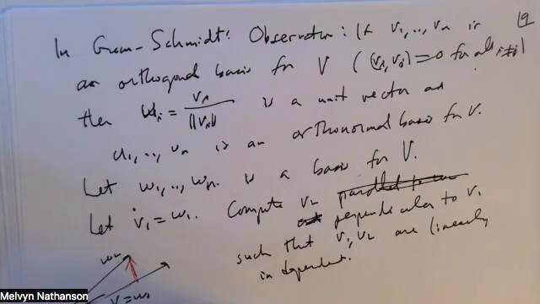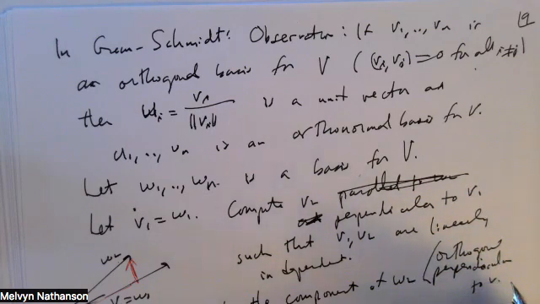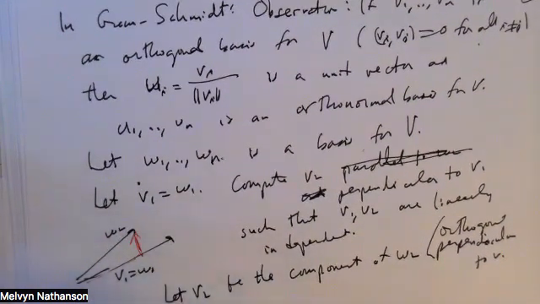So let V2 be the component of W2 perpendicular or orthogonal, same thing, to V1. And we found the formula for that already. So I can write W2 as a piece parallel to V1 and a piece perpendicular to V1.